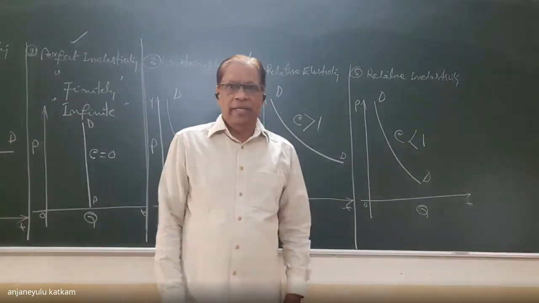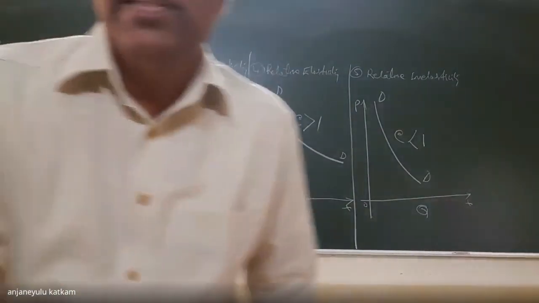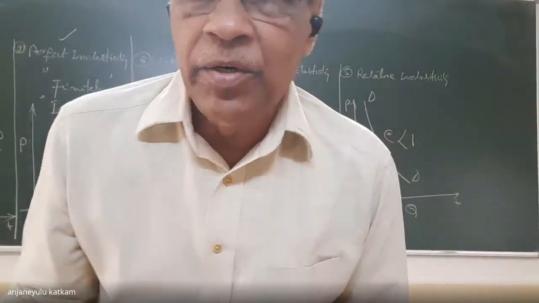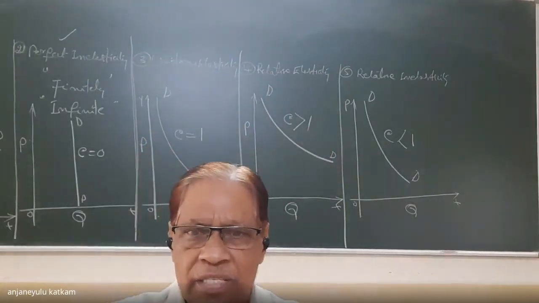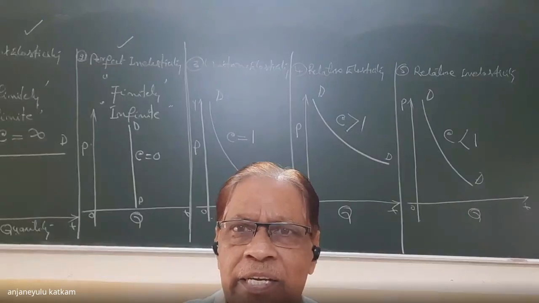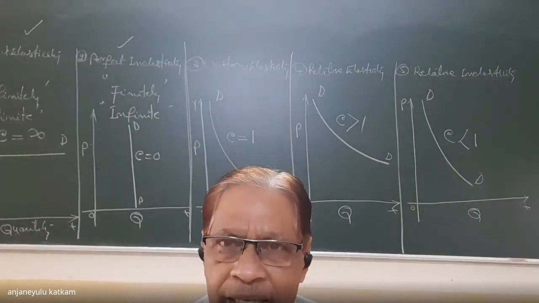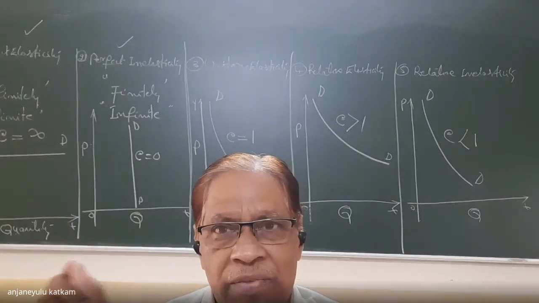So like that, depending upon the percentage change in the demand, or amount of change in the demand, we divided it into 5 types: perfect elasticity, perfect inelasticity, unitary elasticity, relative elasticity, and relative inelasticity. So this is a classification of each type of elasticity of demand.